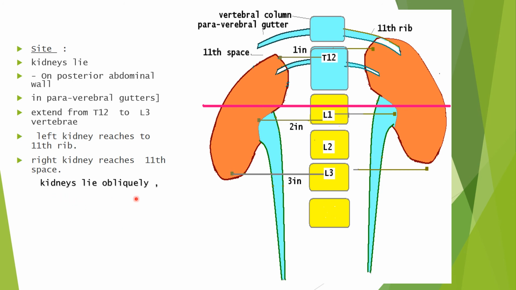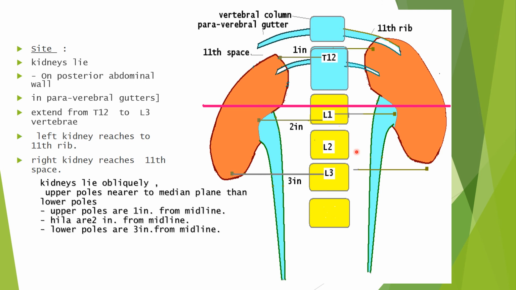The kidneys lie obliquely. The upper poles are nearer to the median plane, about 1 inch away.